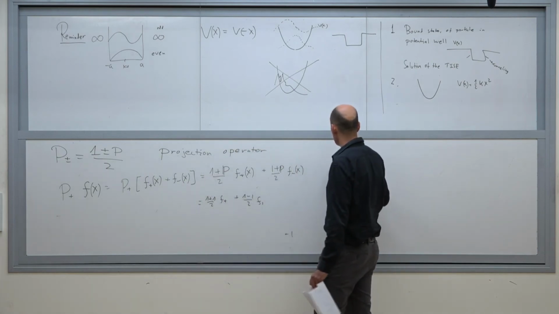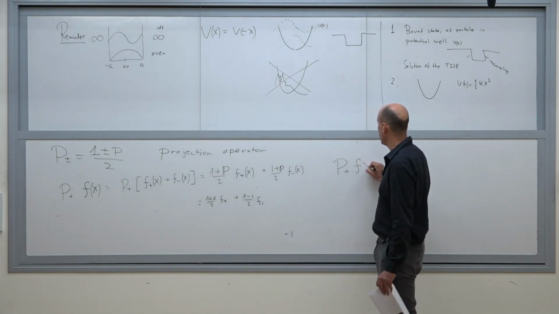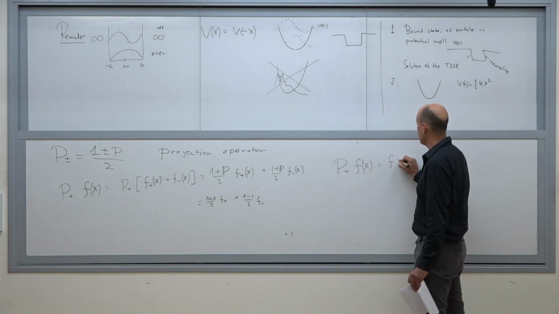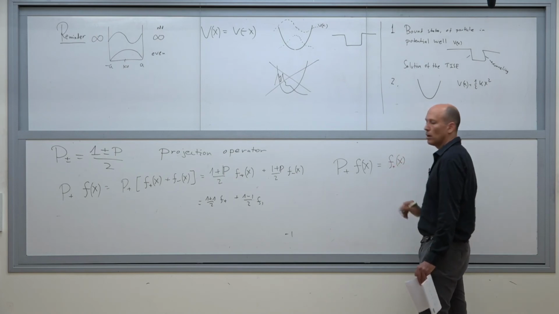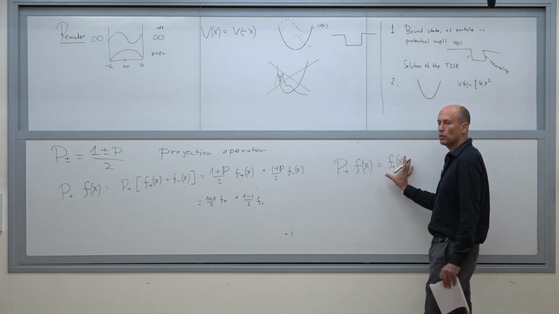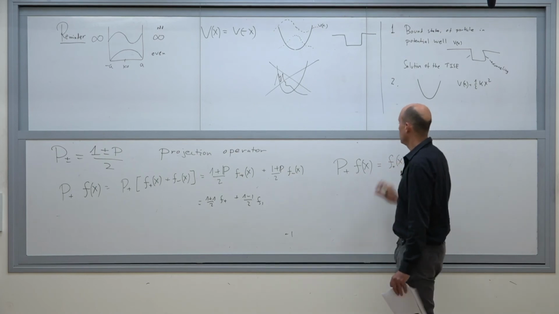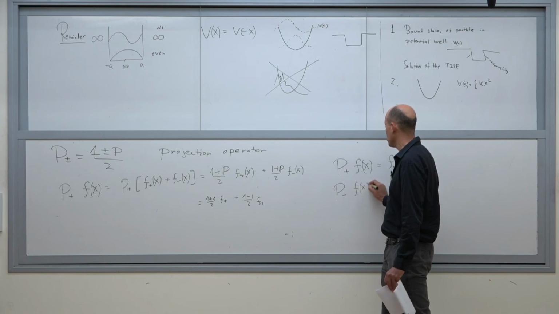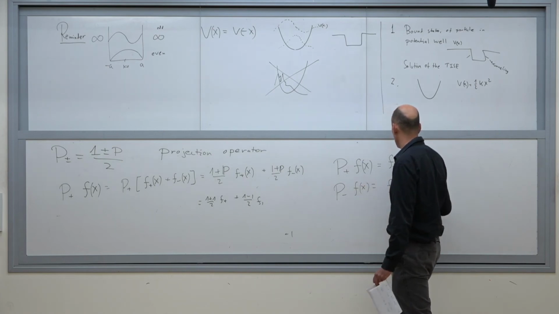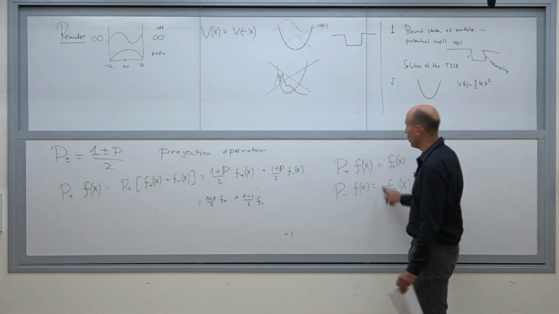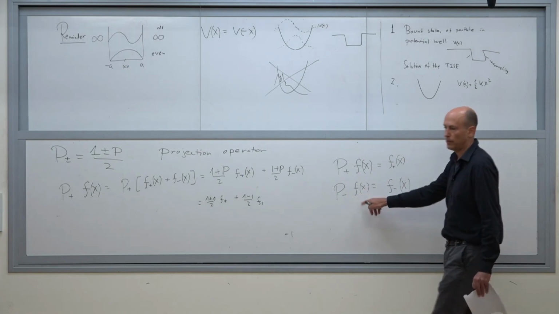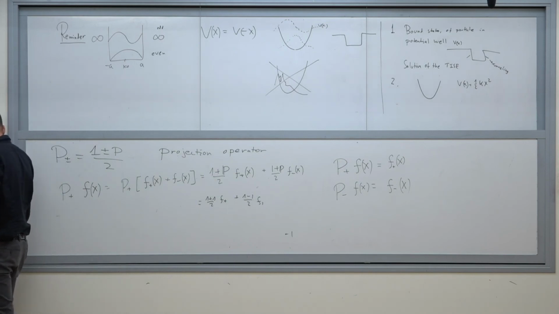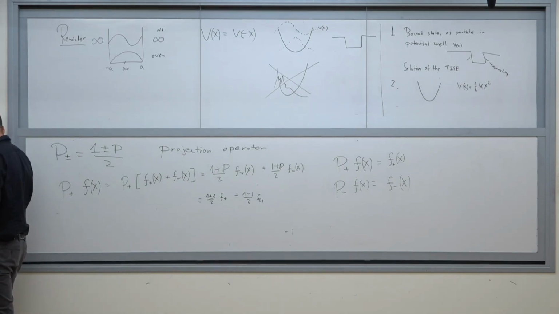So this projection operator takes you from a general function and gives out the component of it, which is the even part of it. And similarly, if I act with P minus on f of x, which is a general function, I get out the odd part of the function f of x.